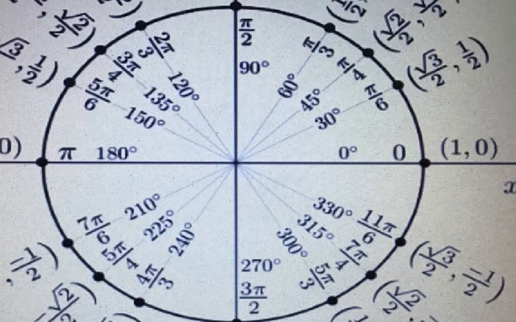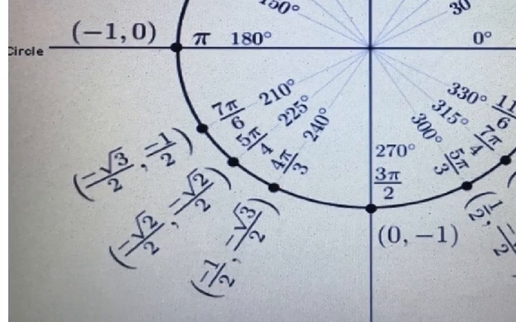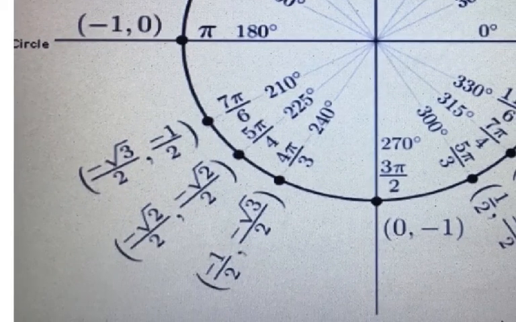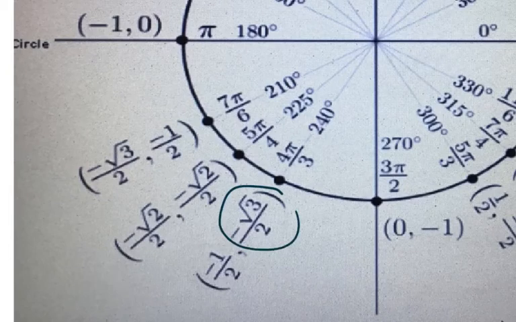But where is sine negative? Remember, sine is y. Y is negative when I'm in the third or fourth quadrant. And as you can see, here is where y is negative square root 3 over 2. So remember 240. That's where y is negative square root 3 over 2, right?